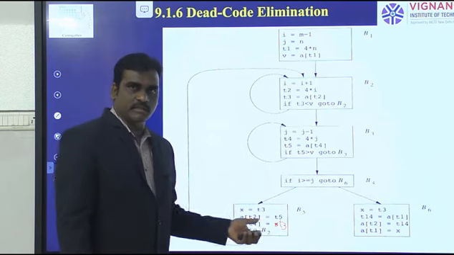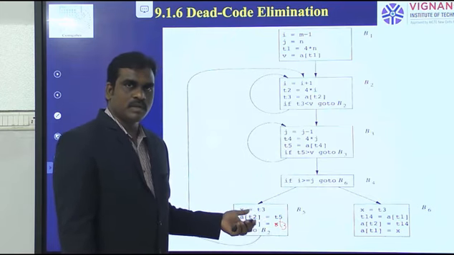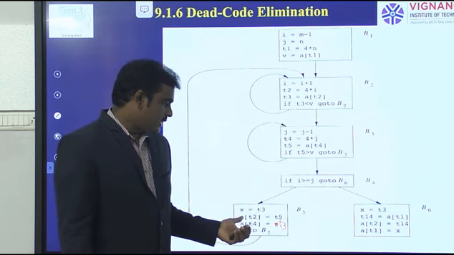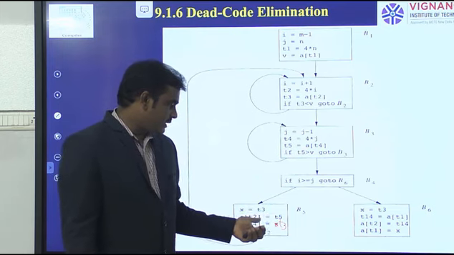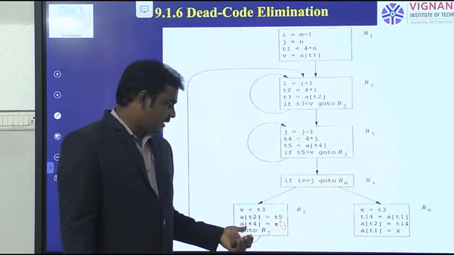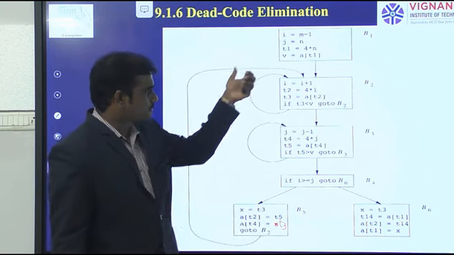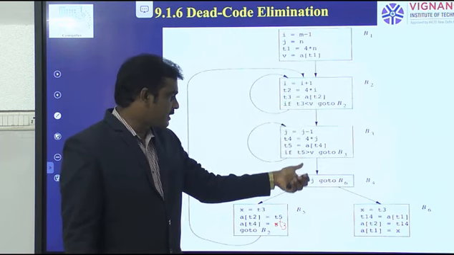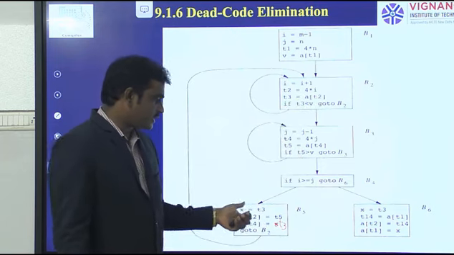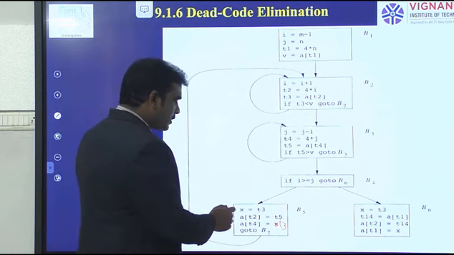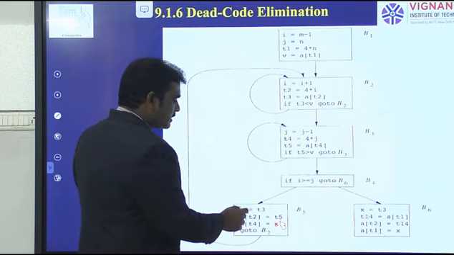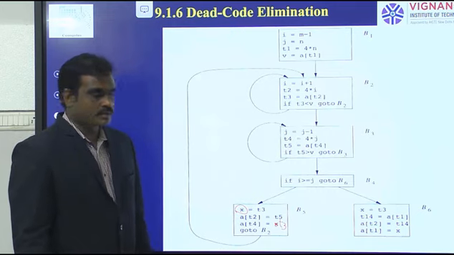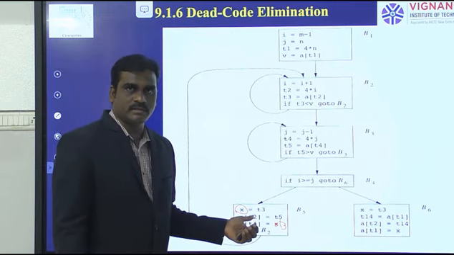If you observe this block, T5 assigned, T3 assigned, go to T2. T3 value is updated and then T5 value is updated. Again assigned. But we never use the variable X.